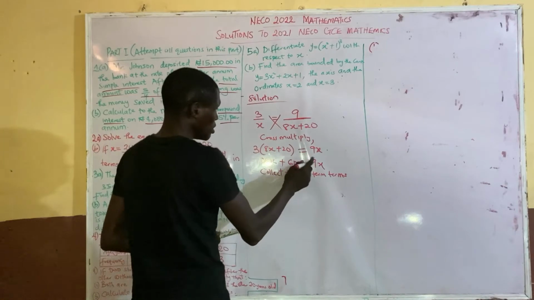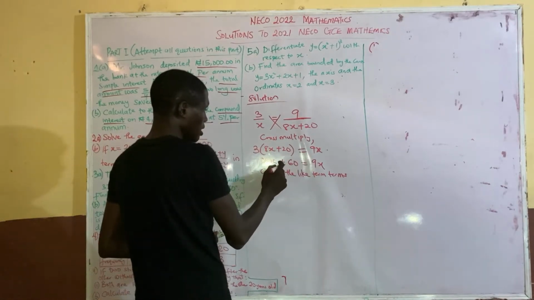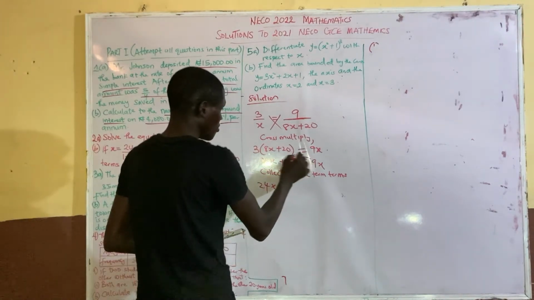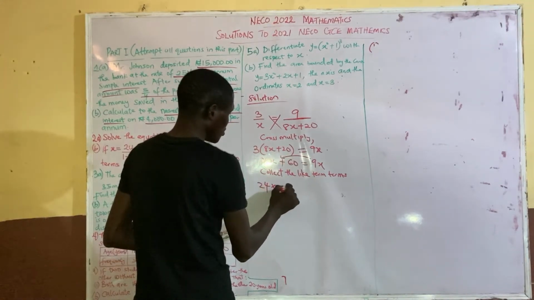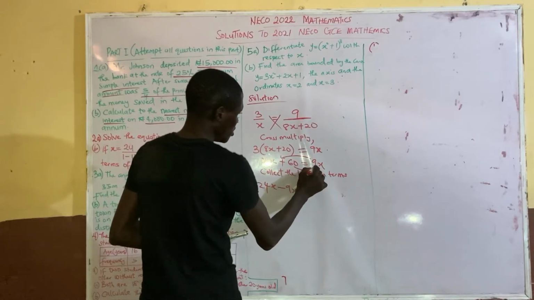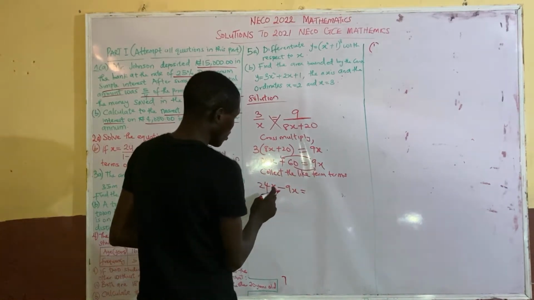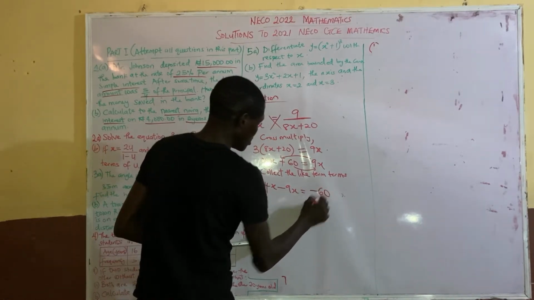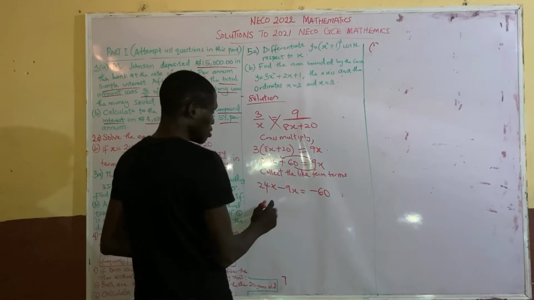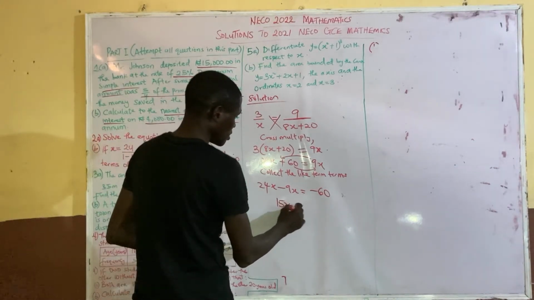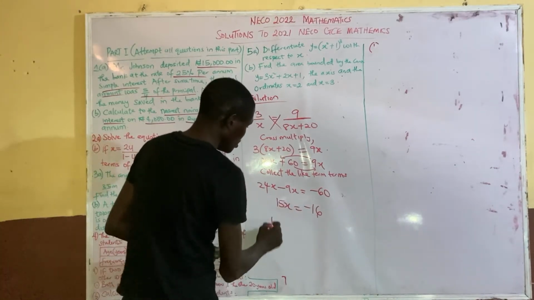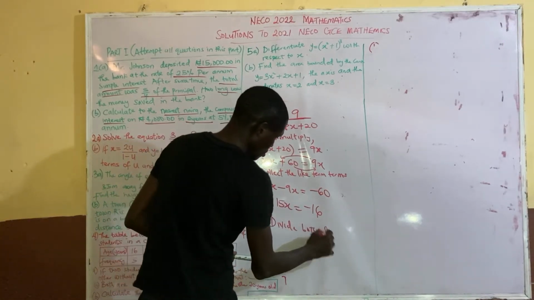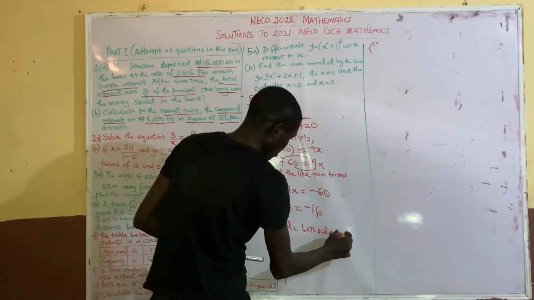You take the x to this side and take the number to the other side. So we have 24x, now you transfer this, it will be minus 9x, and you transfer this to the other side. This will be 24x minus 9x equal to minus 60. So 24x minus 9x will give you 15x equal to minus 60. Divide both sides by 15.